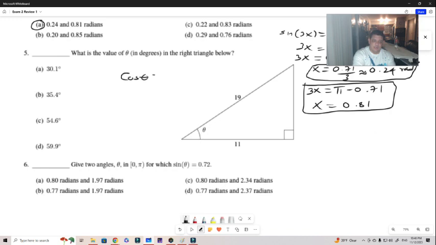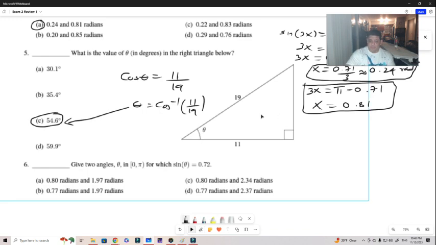So cosine of theta is adjacent over hypotenuse. So theta is going to be cosine to the minus 1 of 11 over 19. Put in my calculator in degrees, then that's going to be 54.6. This is very straightforward.